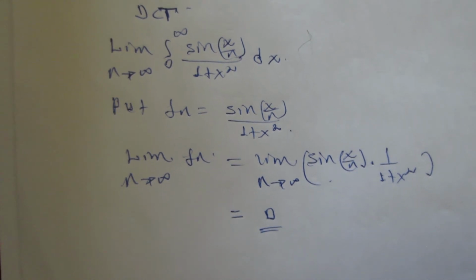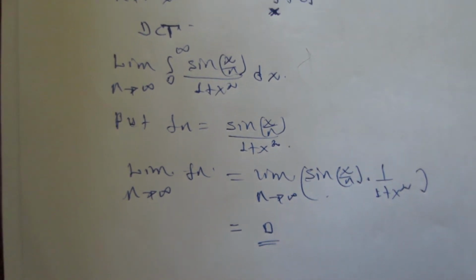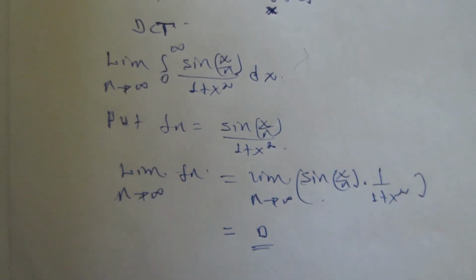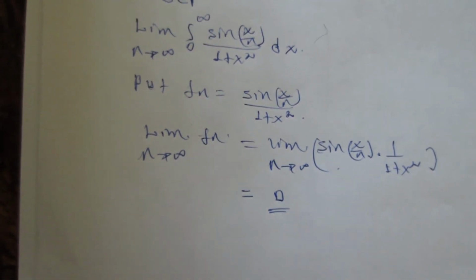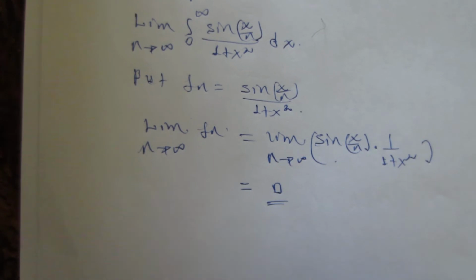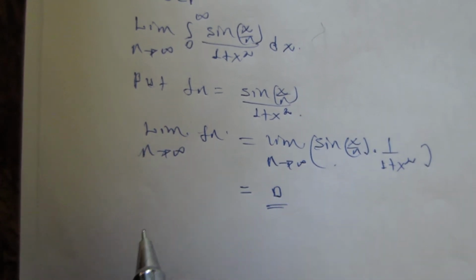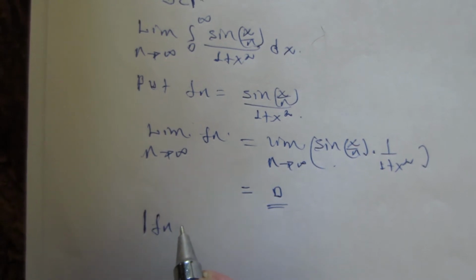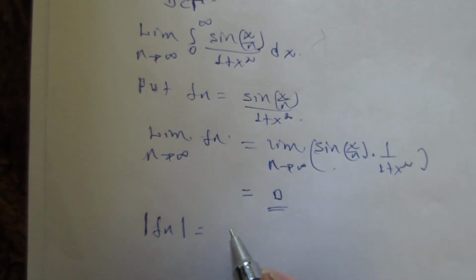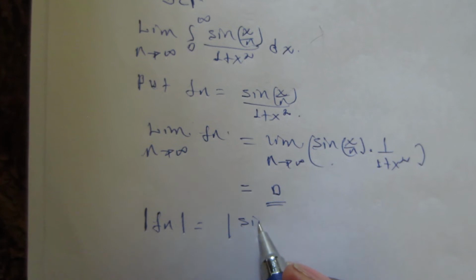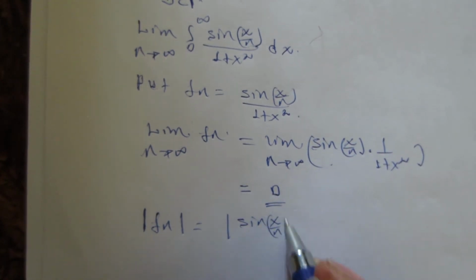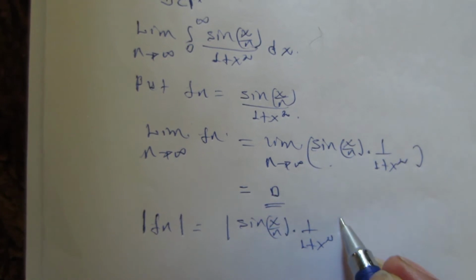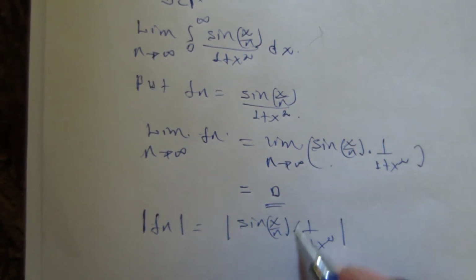Now let's find an integrable function which dominates f_n. The absolute value of f_n is the absolute value of sine(x/n) times 1 over 1 plus x squared.